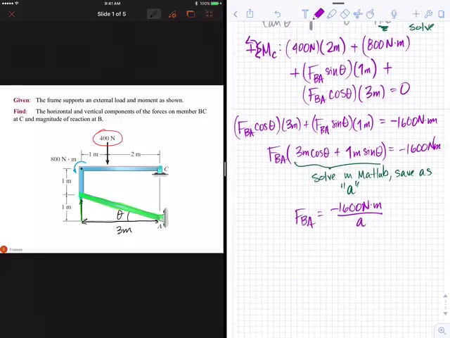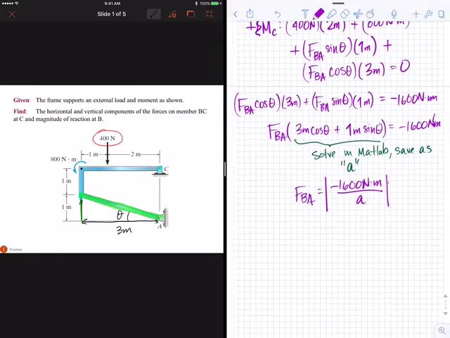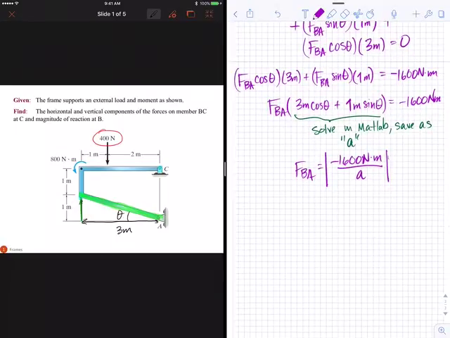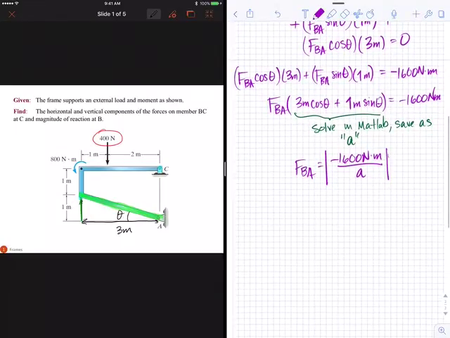So there's one, right? And of course, we want the absolute value of this, whatever A is. If this is still negative, the question asks us for the magnitude of the reaction, so we'll go ahead and put the absolute value. Okay, so that's one part.